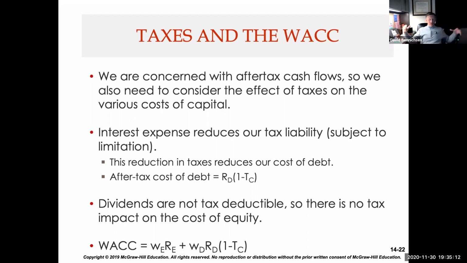So when we get into the final weighted average cost of capital analysis, we're left with the expected return of our equity, our cost of equity, times the weighting of our equity, plus the weighting of our debt times the expected return of our debt, aka yield to market, times 1 minus our tax rate. And that is the weighted average cost of capital.